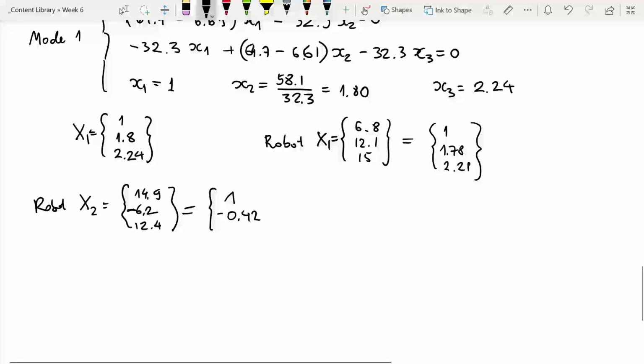The last one is negative. 12.4 divided by 14.9, 0.832, negative 83.